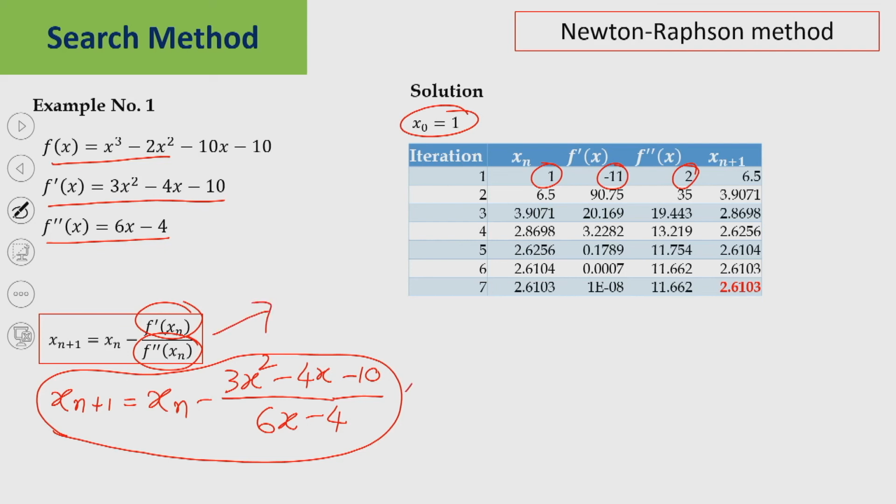then x n plus 1 I am getting 6.5. Now, this 6.5 I will put it here. So, I am calculating the second approximated value. At 6.5, the first derivative is 90.75, the second derivative is 35, and then x n plus 1, I am getting 3.9071.